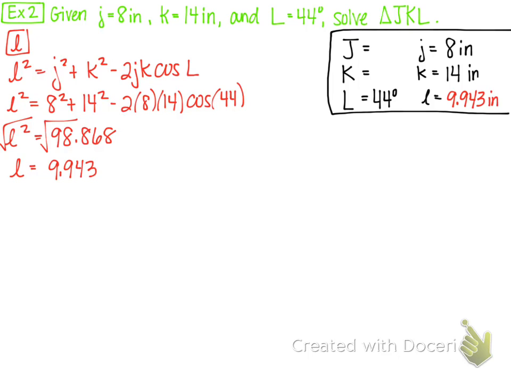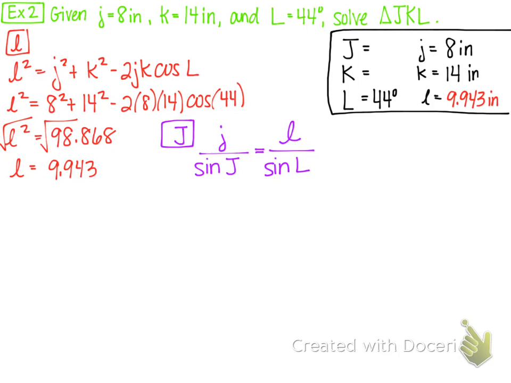Now, since we actually have a full set of letters now, big L and little L, we can use law of sines to find either big J or big K. I like to go in alphabetical order, so I'm going to find big J next. For big J, we've got to use the part of law of sines where we use our J's. So little j over sine of big J, and then we use what we have a complete set of, and we have a complete set of L's.